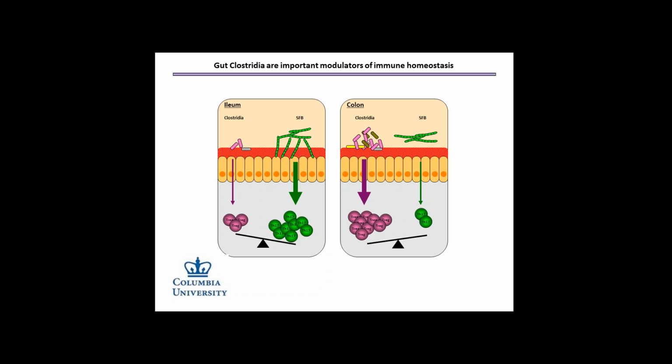Interestingly, the balance between the bacteria that are important for induction of these two cell types is also geographically different. SFB interacts with epithelial cells exclusively in the terminal ileum, as we show in a couple of slides, and the Clostridia that induce regulatory T cells are mostly endemic to the colon.